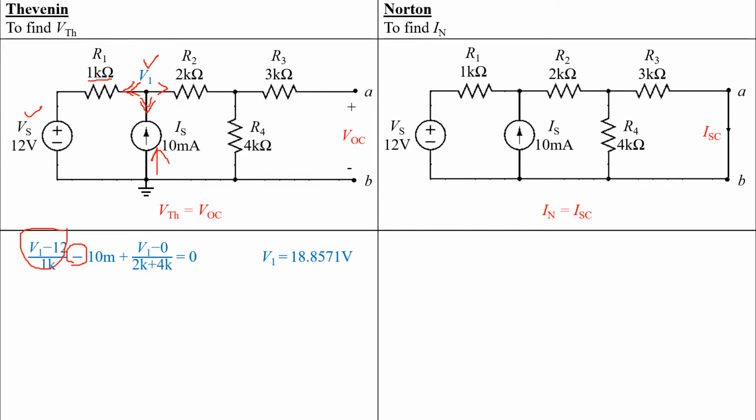The next one is the current flowing to the right side: V1 minus the reference point, which is 0, divided by the resistance 2K plus 4K. The current flowing through R3 is equal to 0 because of the open circuit at points A to B.